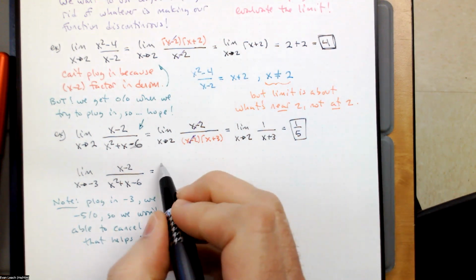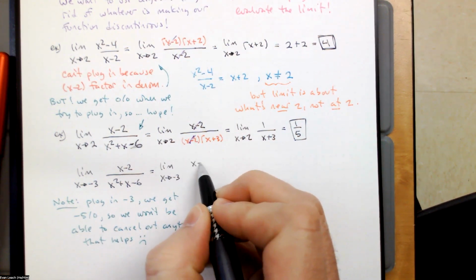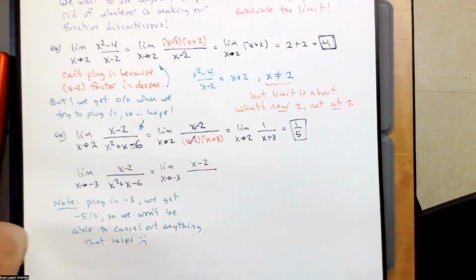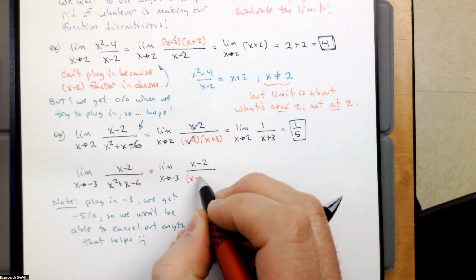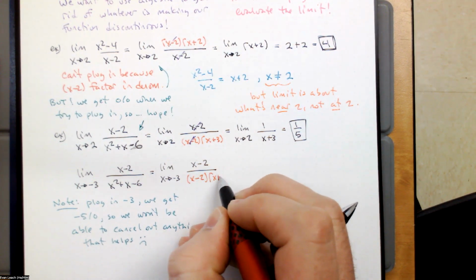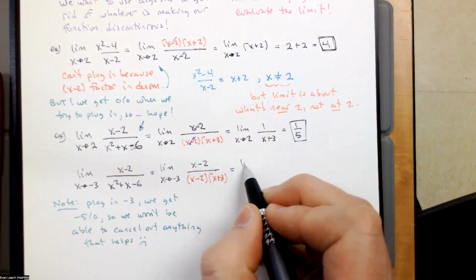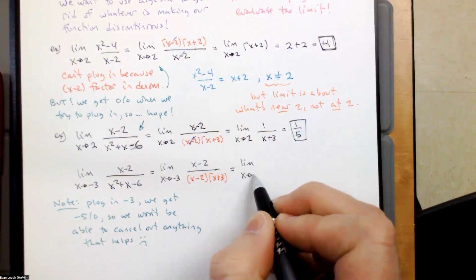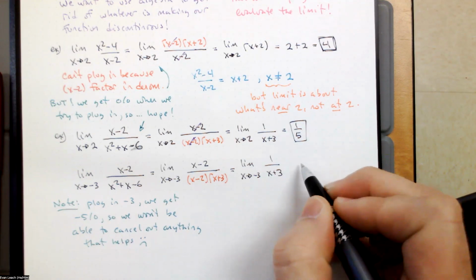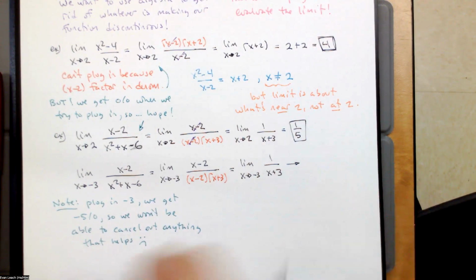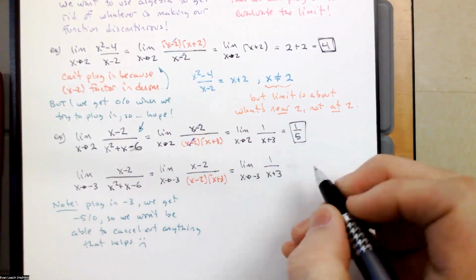If we try it, we can cancel out the x minus 2, but that doesn't help us in this scenario because we care about what's going on at -3. It's just positive or negative infinity. So this limit does not exist.